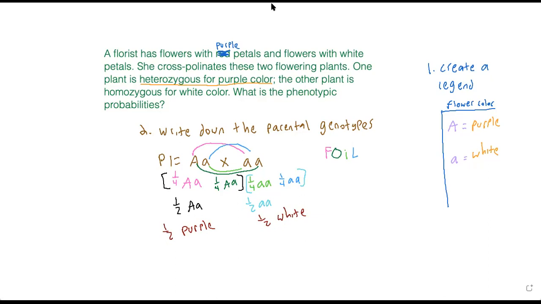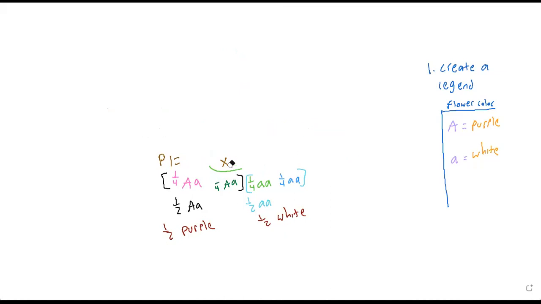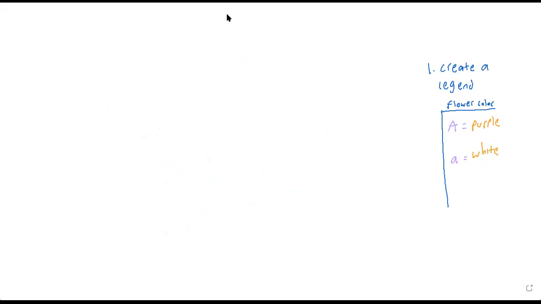Now, let's go ahead and change this problem slightly. I should have said 3 is going to be foil, in case you're curious. So now we're going to change this slightly.